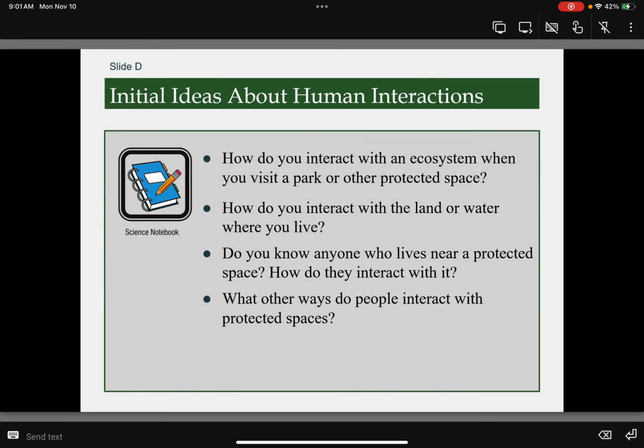How do you interact with the land or water where you live? I think the river is protected.